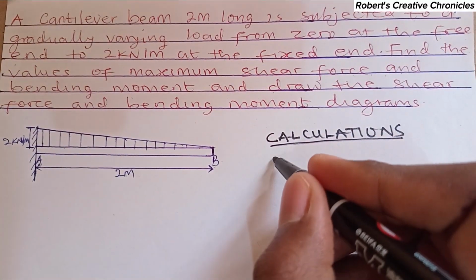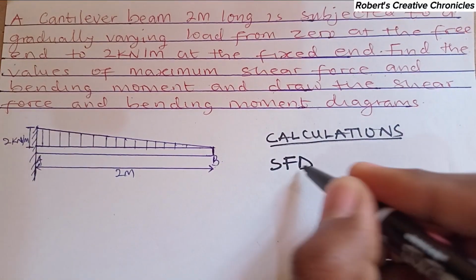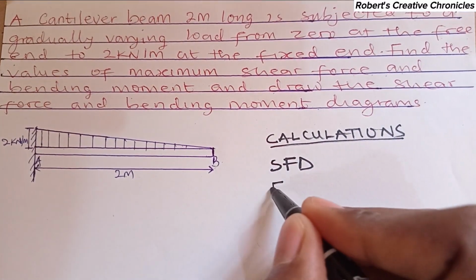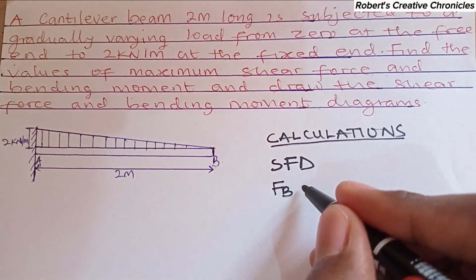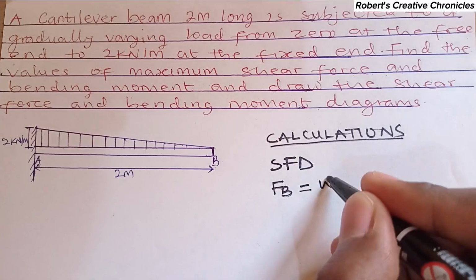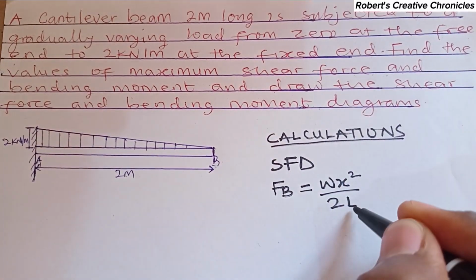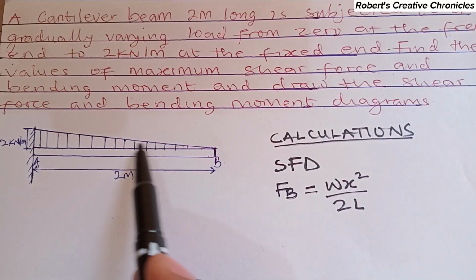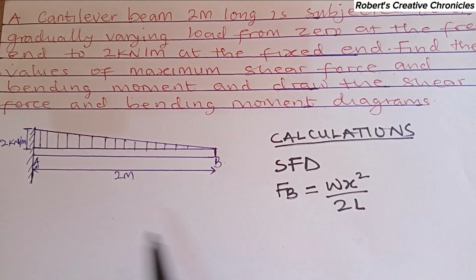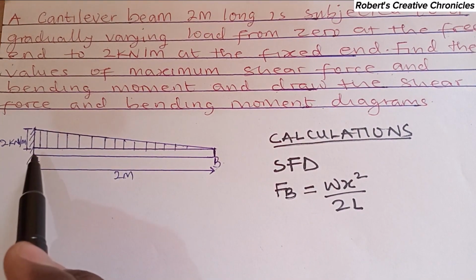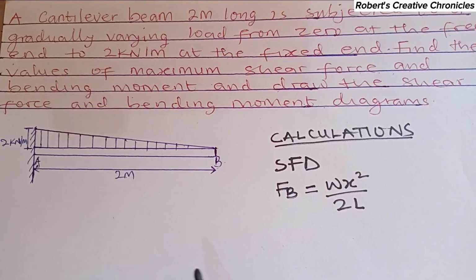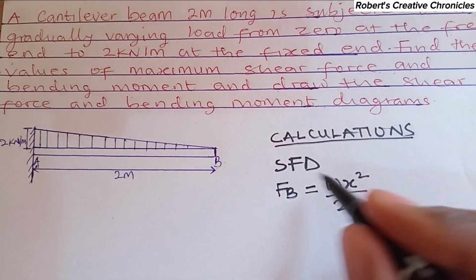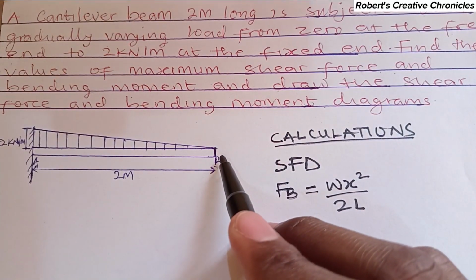So now we'll start with the shear force calculation. Shear force diagram. So the shear force at point B is given by FB, is given by the formula Wx squared over 2L, where L is the total length of the beam and X is the distance from point B to any distance before A. Once it reaches the length of A, X turns to L. So at this point, at the free end, X is 0.